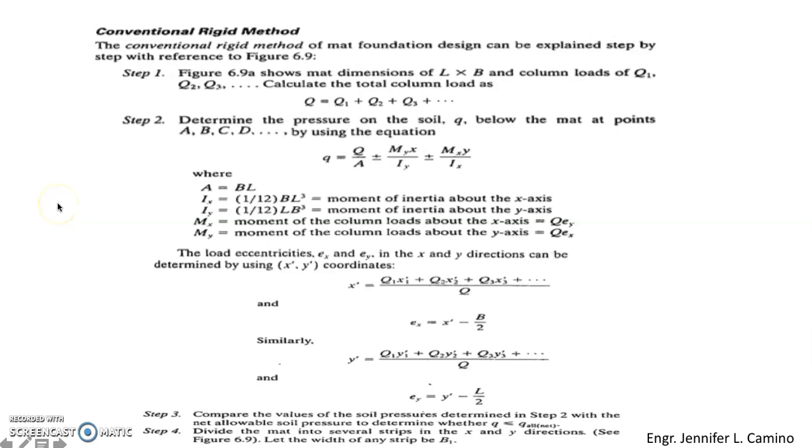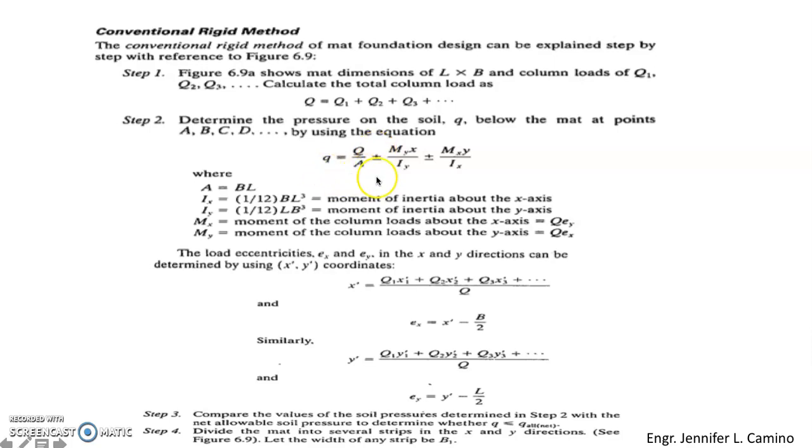For this conventional rigid method, we have the following steps. The first one is to calculate the column load. You simply have to add the total column loads. The second one is to obtain the pressure on the soil, which is below the mat at points A, B, C, D, by using the equation.